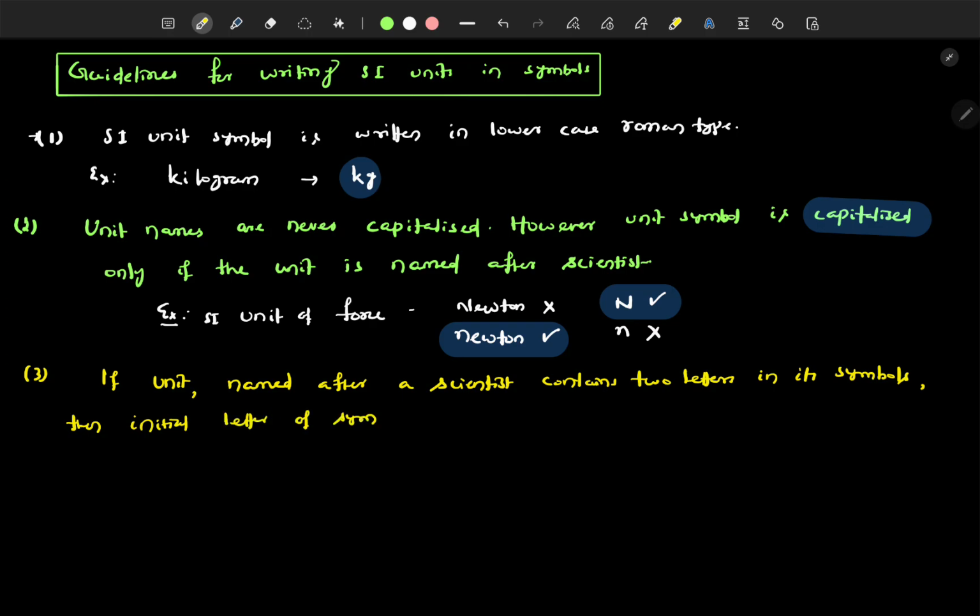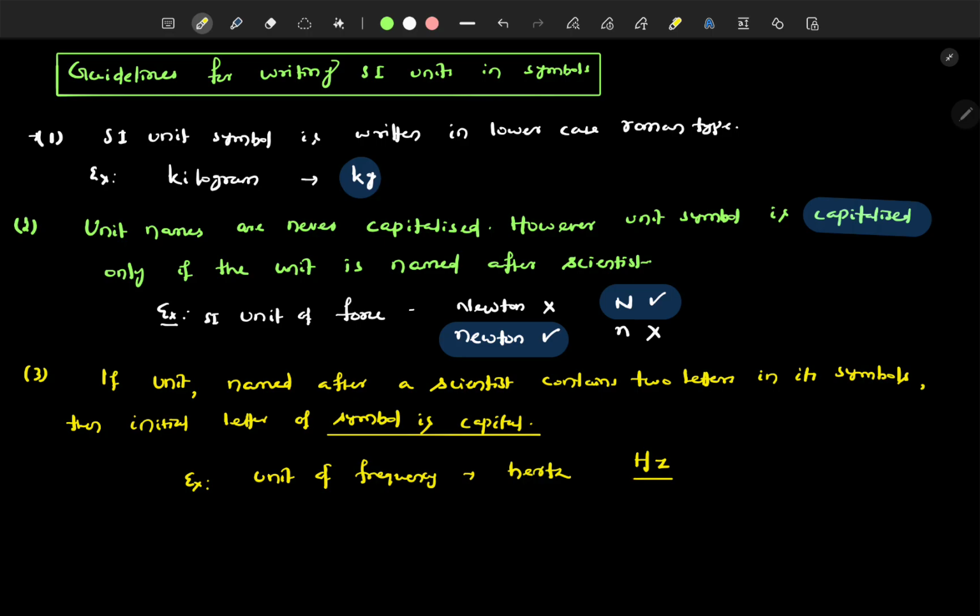For example, the unit of frequency, that is hertz. The name starts with a small letter. In the symbol you have to write capital H, small z. The first letter of the symbol is capital, and the second one is lowercase Roman type, that is small.